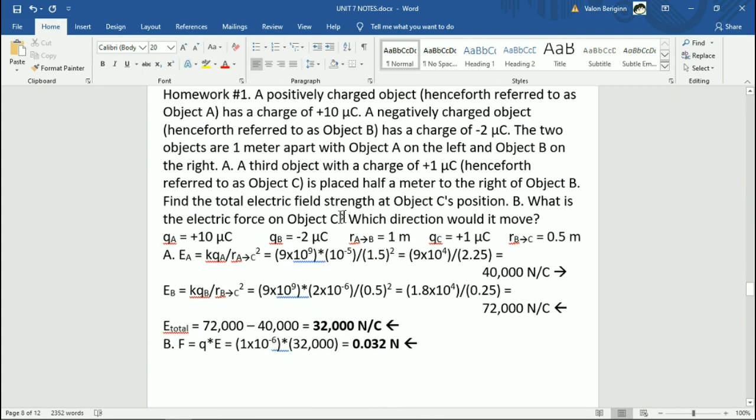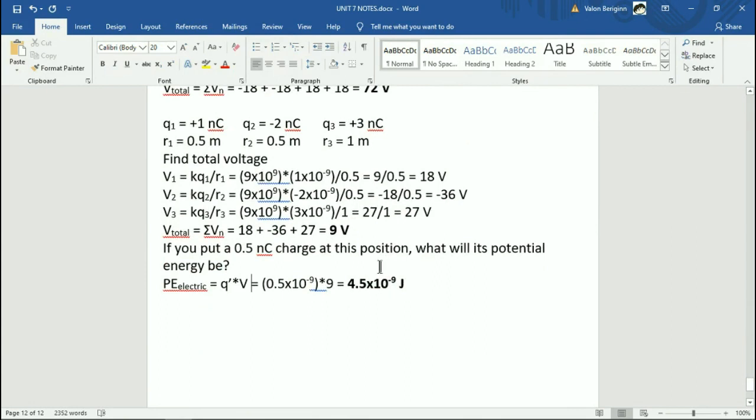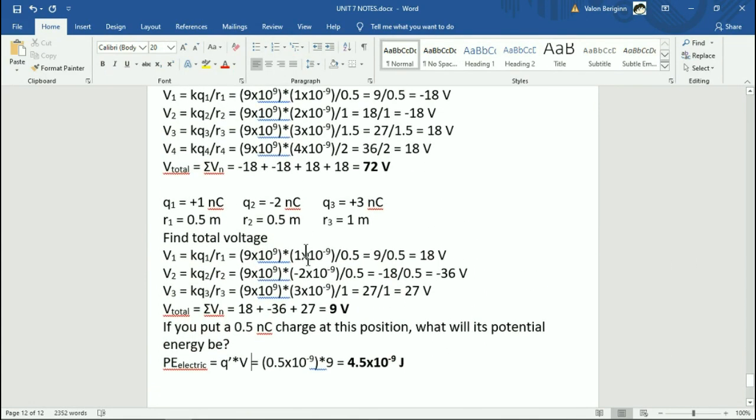Okay? So for this example here, we used QA to find the field, to find this field number, QB to find the field for this number, and then we used QC to get the force. Okay, we never used one more than once. So again, going back down here, now there's these 4 charges: the +1, the -2, the +3, and the 0.5, right?